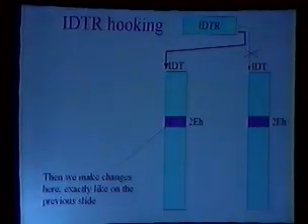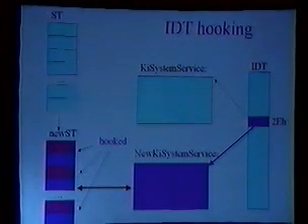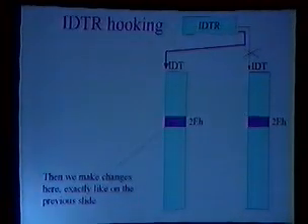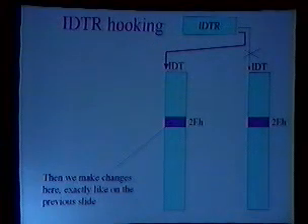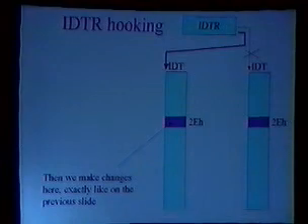Okay, this is not enough, of course, because we can change the IDTR register. We can ask ourselves how the system knows where the IDT is in memory. So the answer is the IDTR register, and the IDTR register is telling the system the address of the IDT table. So the attacker can modify this IDTR register to point to another IDT table and hook the second IDT table, and the original IDT table will be untouched.